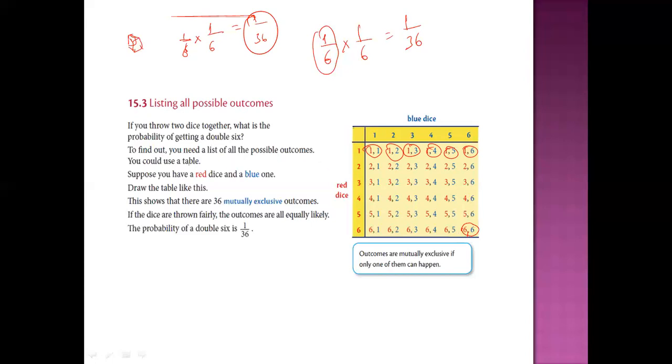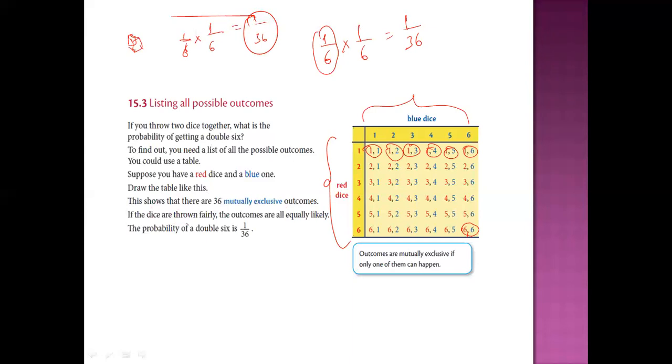And to find out, you need a list of all the possible outcomes. You could use a table. Suppose you have a red dice and a blue one. It's a blue dice and a red dice. I have two dice. Suppose, okay, draw the table like this, and this shows that we have 36 mutually exclusive outcomes.